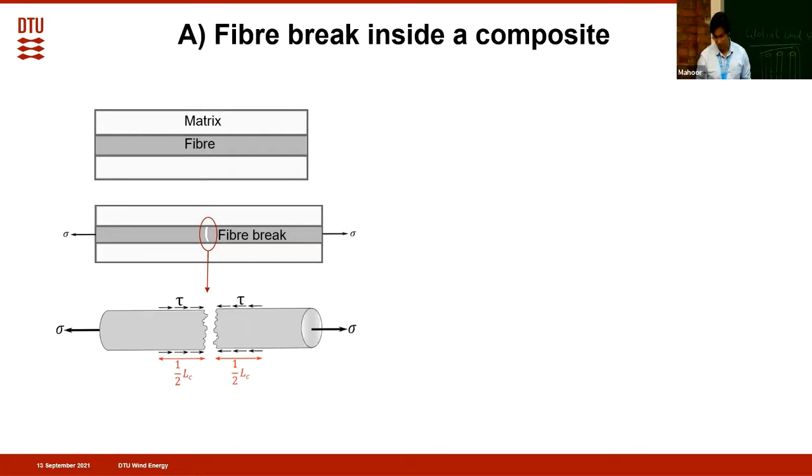Now if you try to analyze this fiber break, what is happening? The fiber breaks and there is a tau, the interfacial shear stress, that develops at the break, over a length of half the critical fiber length, half LC.